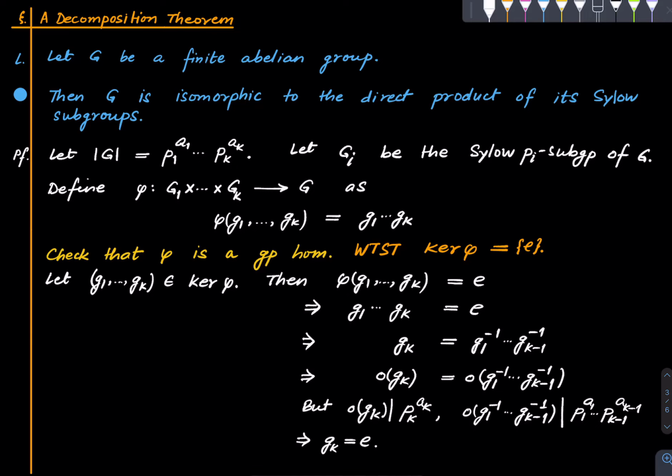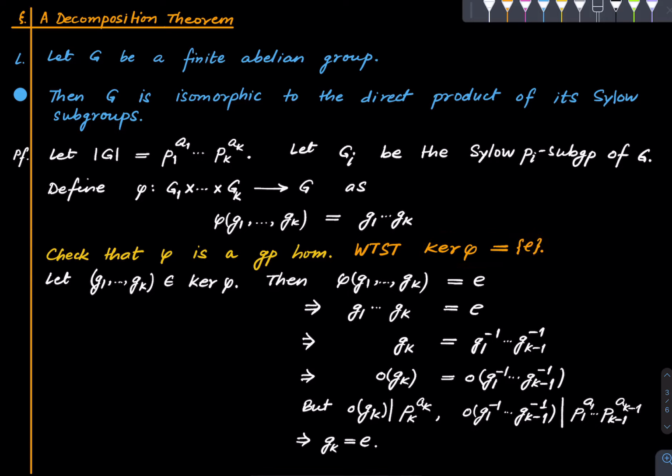Because if gk were not identity, then its order would be some non-trivial power of pk, and that would contradict the equality, because a non-trivial power of pk cannot be equal to a product of powers of primes which do not feature pk at all. So gk is identity, and similarly you can show that each gi is identity. There are some more steps to do, but this basically proves that the kernel of phi is trivial, and therefore this is an isomorphism.